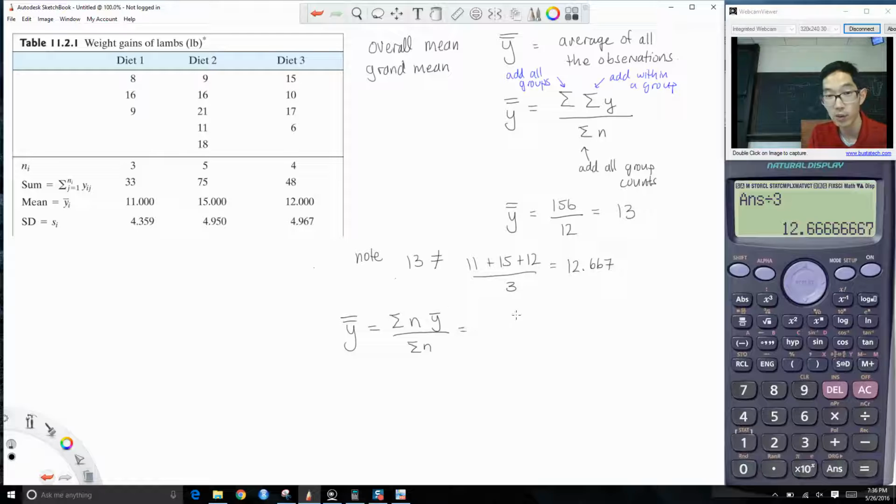So in this case, we would do 3 times 11 plus 5 times 15 plus 4 times 12 divided by 3 plus 5 plus 4. And this would give me 156 over 12, 13. Okay, so it's kind of like a weighted average of these sample means here. Okay, so that's effectively what we want, rather than just weighting these all equally. Okay, so that gives us our grand mean.